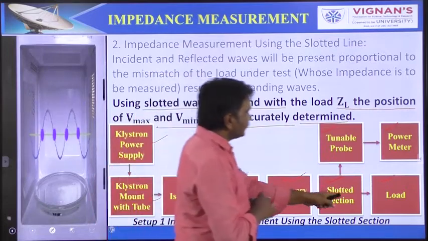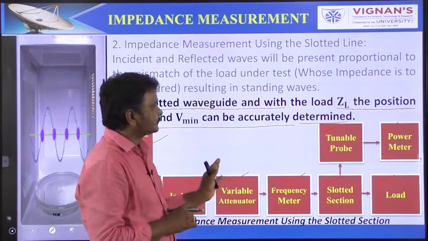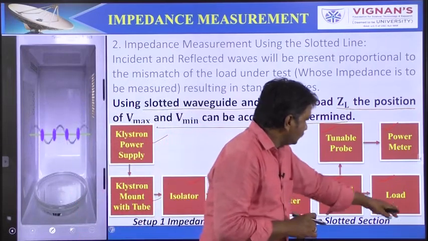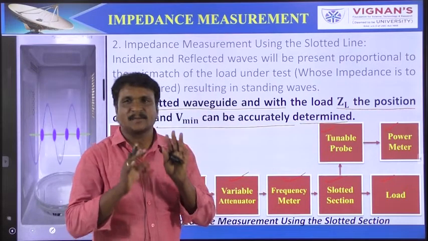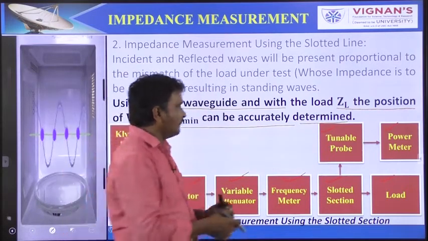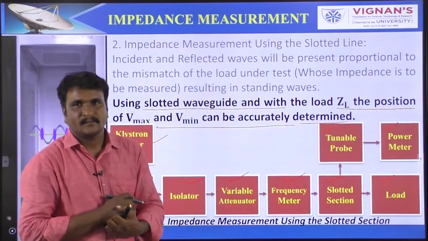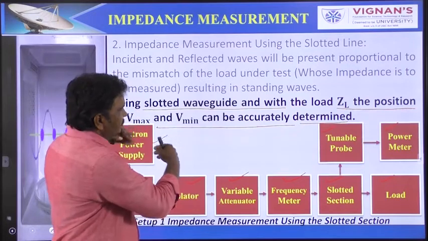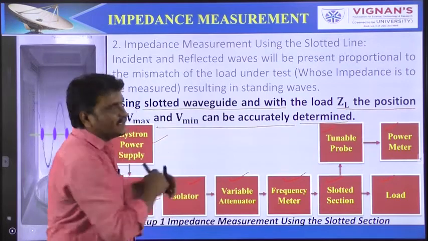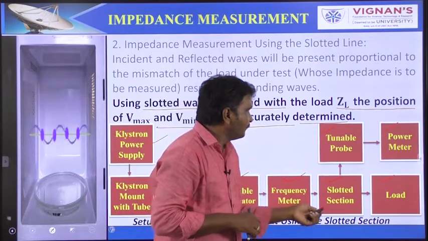The slotted section should be in the leftmost position, right? Here the load, whose impedance is to be measured, we have to connect after the slotted section. Once you follow all these procedures, you can get a waveform.